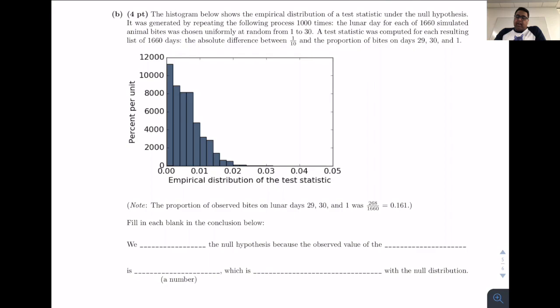It was generated by repeating the following process 1,000 times. The lunar day for each of the 1660 simulated animal bites is chosen at random from 1 to 30. Then a test statistic was computed for each of the resulting samples: the absolute value of the difference between 1/10 and the proportion of bites on days 29, 30, and 1.